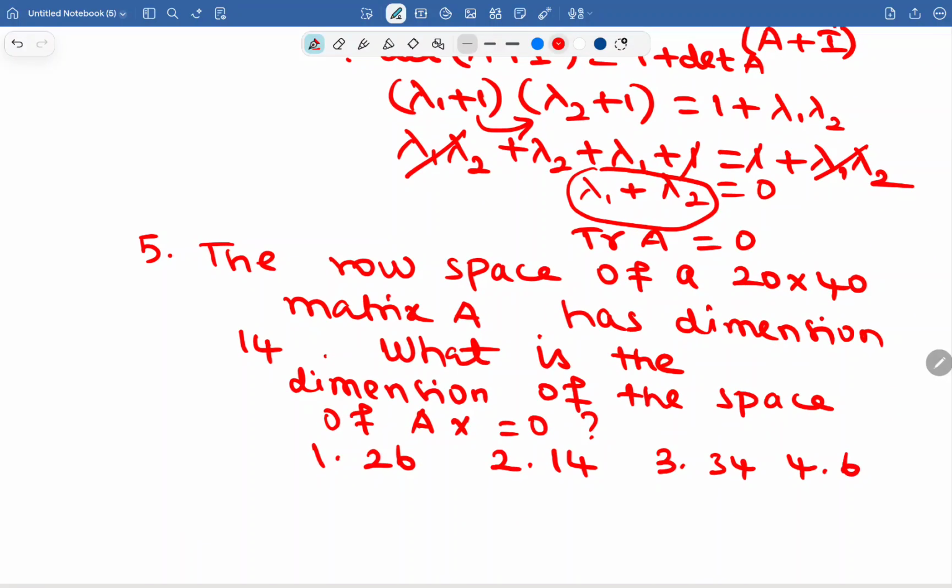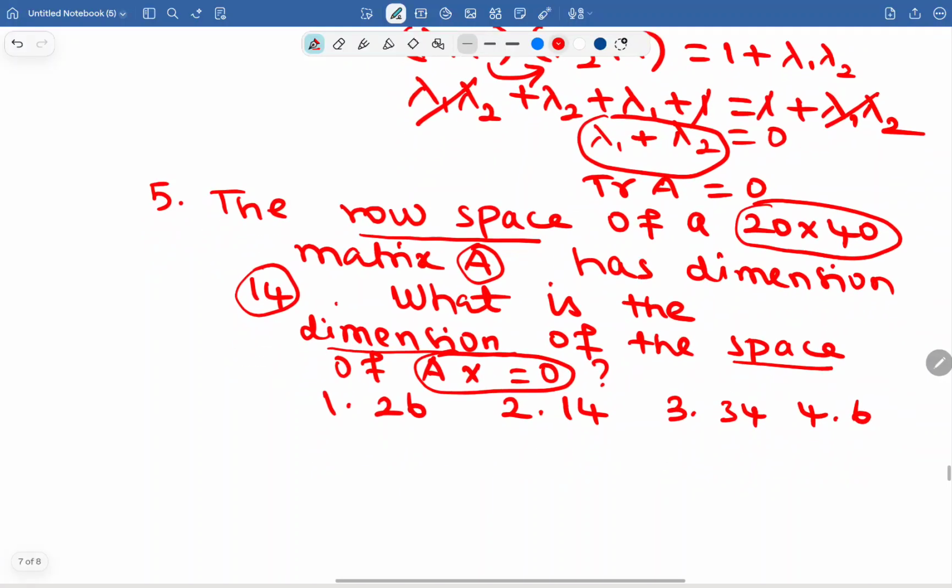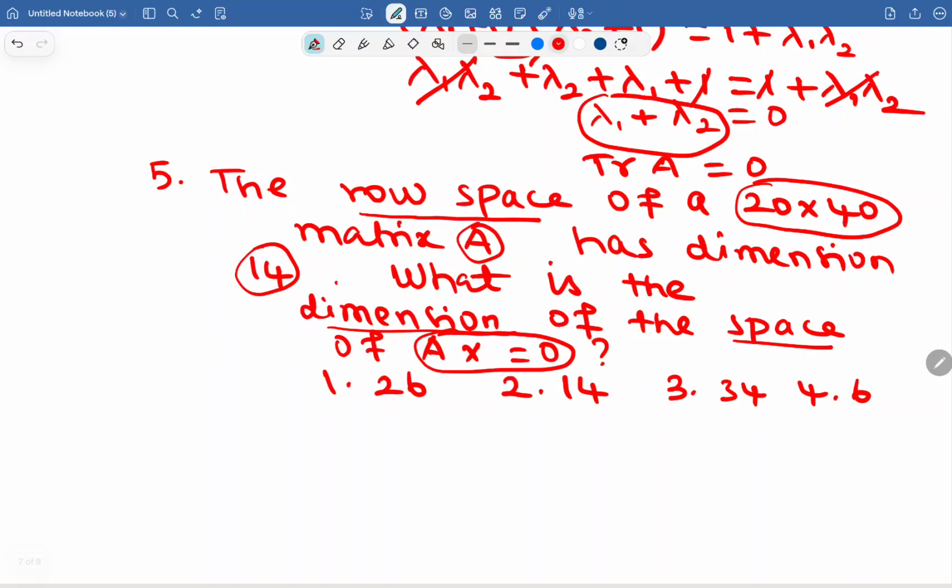See, the row space for the matrix A, with order 20 cross 40, has dimension 14. We have to find the dimension of the space AX equal to 0. First option 26, second one 14, third one 34, fourth one 6. Solution.